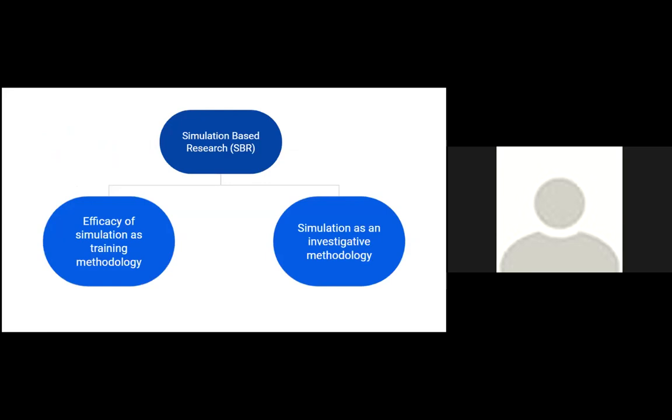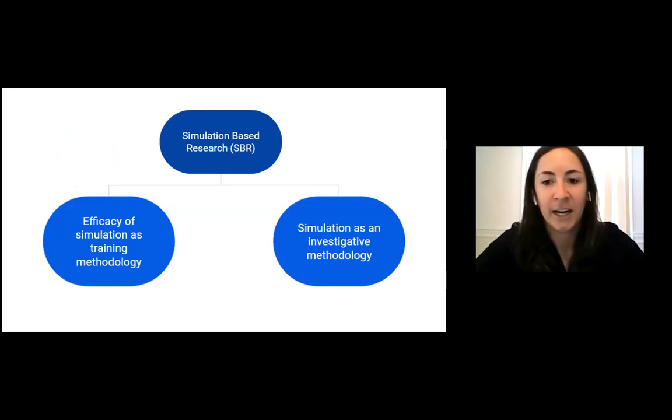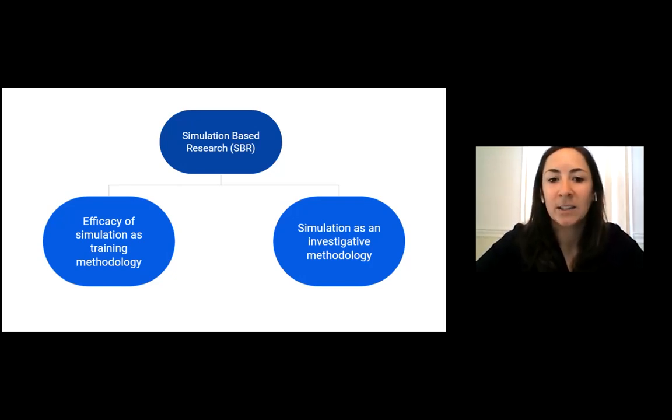The first thing that the authors do is make 2 primary categories of what they consider the big buckets of simulation-based research. The first one is looking at the efficacy of simulation as a training methodology. That usually encompasses things like simulation-based educational interventions.